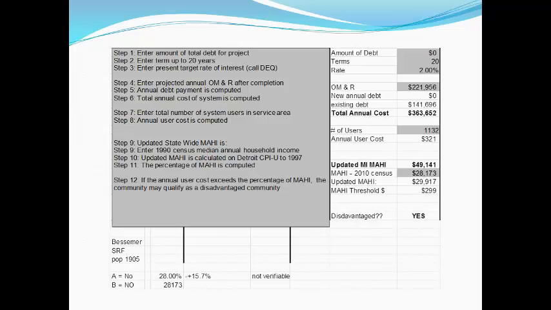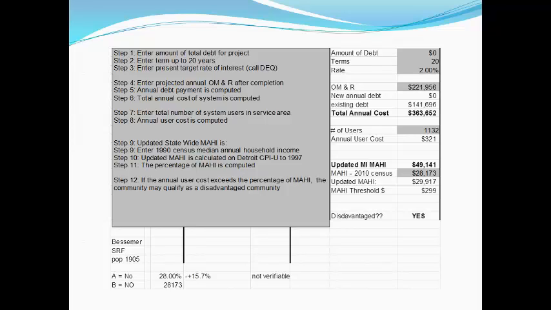This is an example of the calculations that our office has put together. There are 2 sets of calculations. The first set deals with the median annual household income, and this is the set of calculations that appear towards the bottom of the page. We take the census number of $28,178, and this is the 2010 census number for the city of Bessemer in the Upper Peninsula.